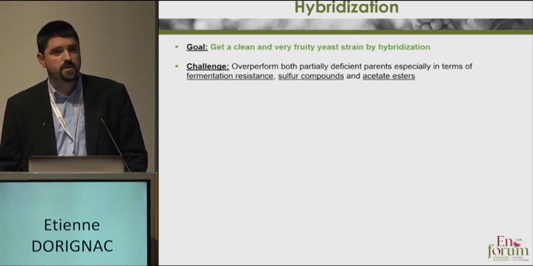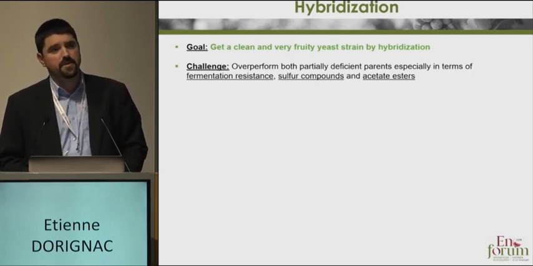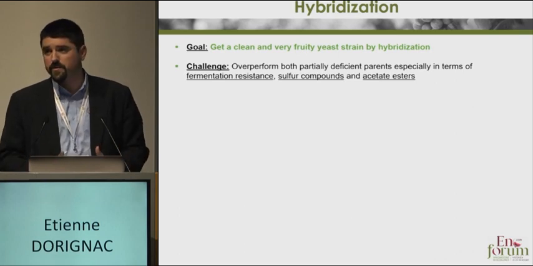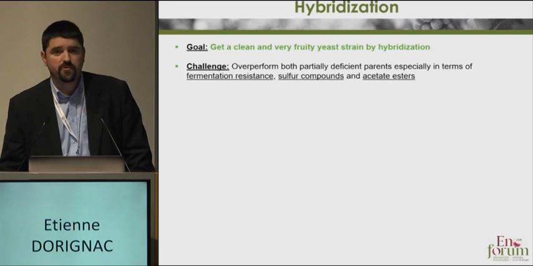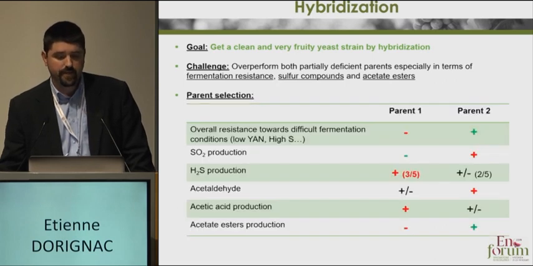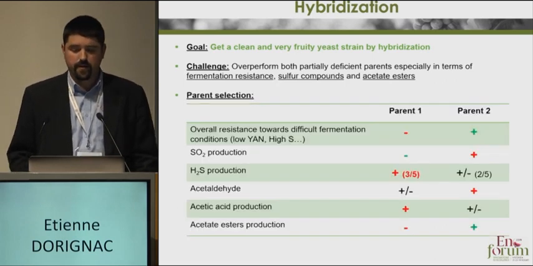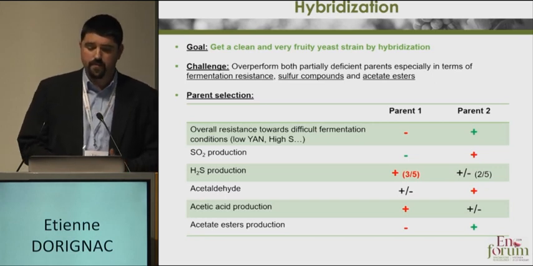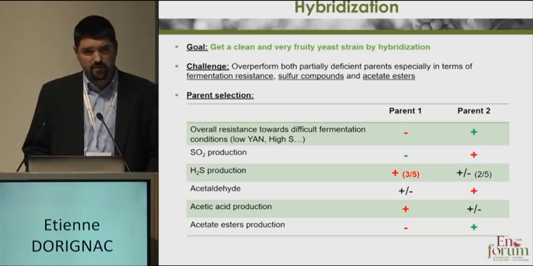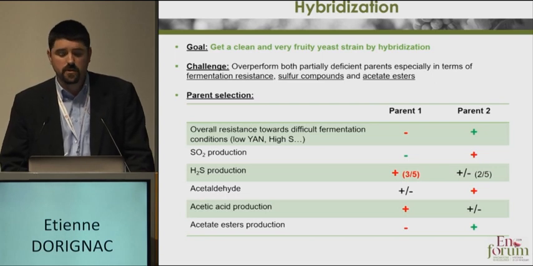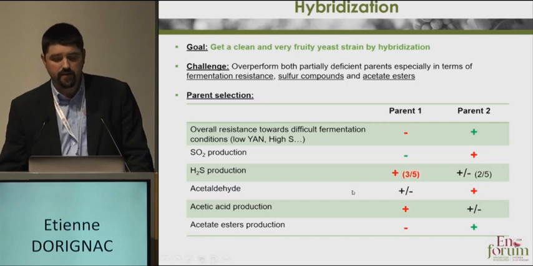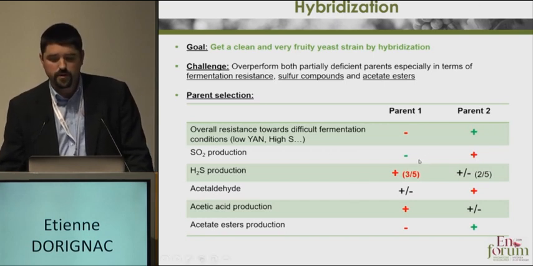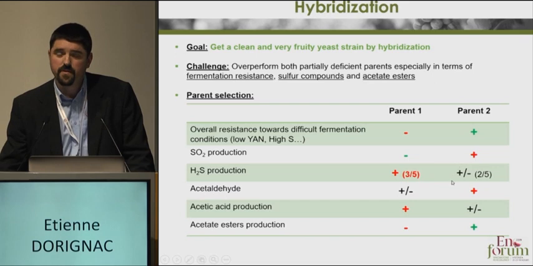And the challenge was always, when you do a hybridization, to combine both parents' interests and to try to overperform their characteristics. So the parent selections were here. Parent one, for example, does not seem to have a lot of interest in terms of vinification, but there is something very interesting: it was a very low producer of sulfite.